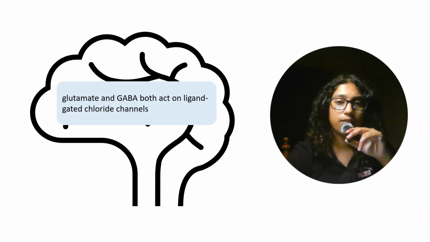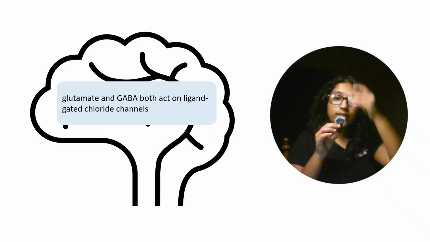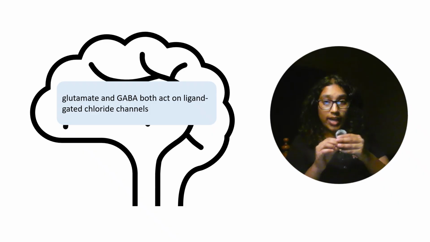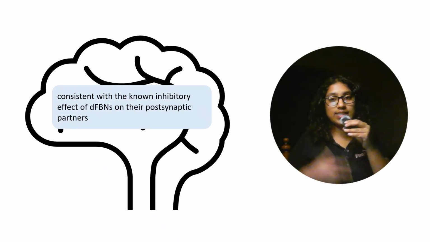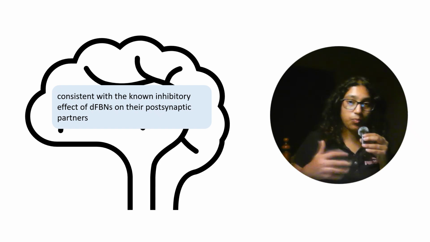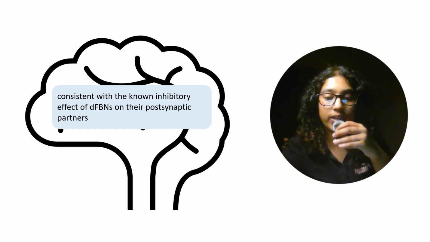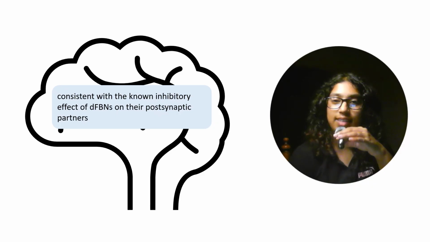So, what happens actually in the CNS of Drosophila is that these GABA glutamate act on the ligand gated chloride channels, and this is known for its inhibitory effect on the DFNBs' postsynaptic neurons. So it inhibits DFNBs, which is a sleep regulating center, right?